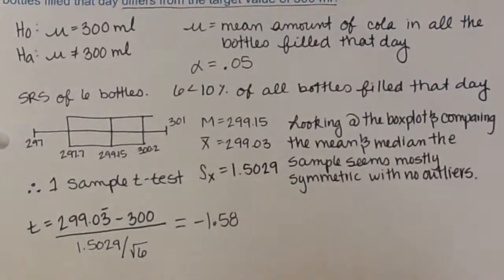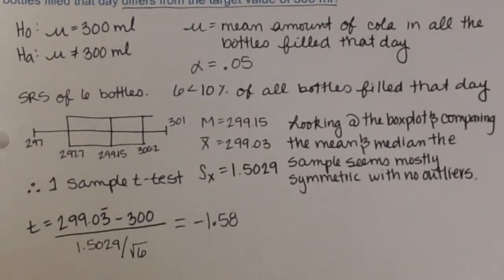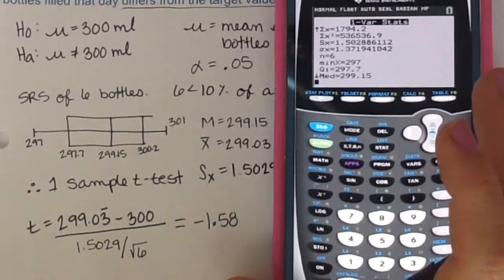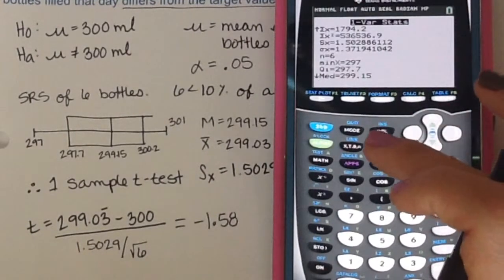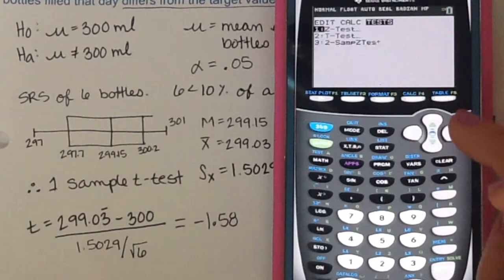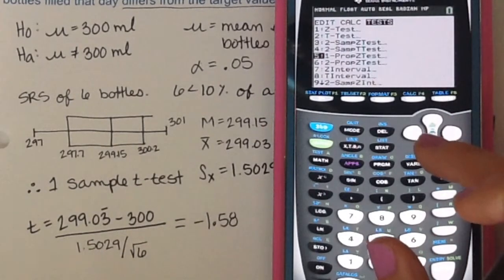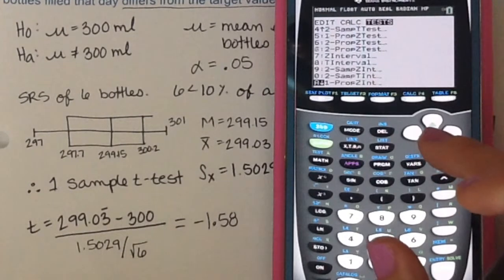Now again, I can do this either using table A or actually table B for this, or I can do it in the calculator. So in the calculator, here I was with my 1-var stats. I'm going to go to stat, over to tests, down to a one sample t-test.